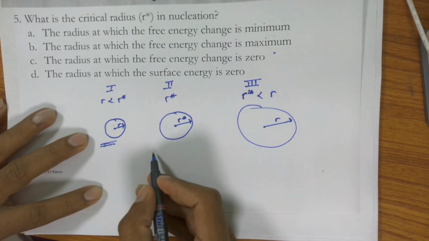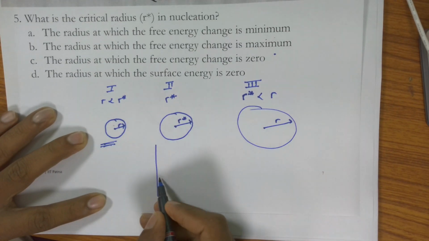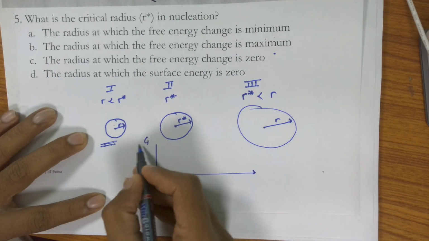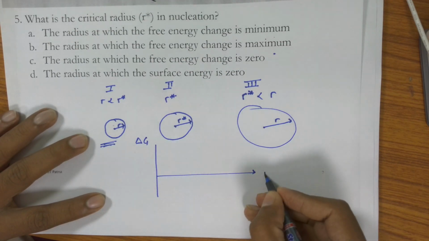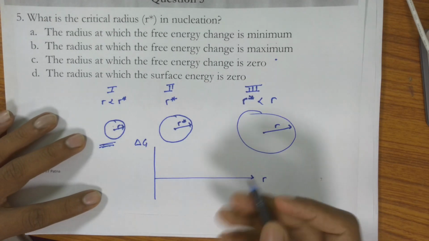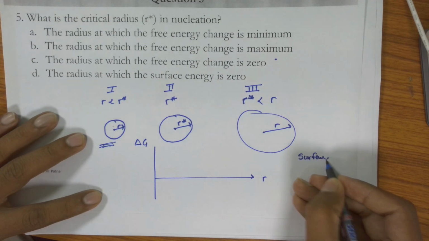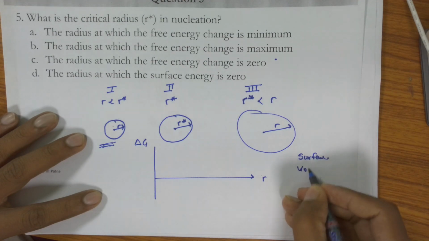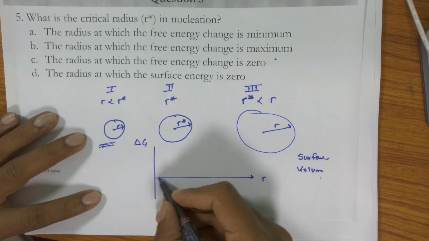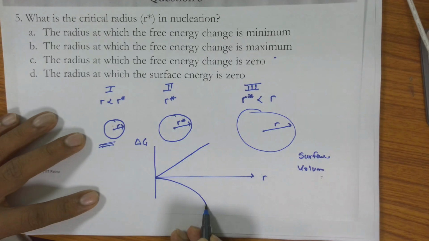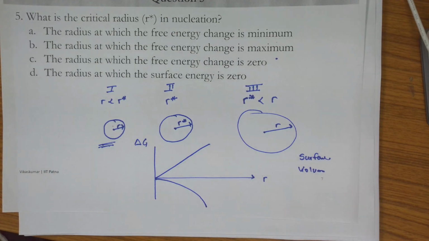So we have learned in the class that if we try to draw the free energy delta G with a radius, there are two factors. One is the surface and another is the volume. The surface factor will go like this and the volume factor will go like this.